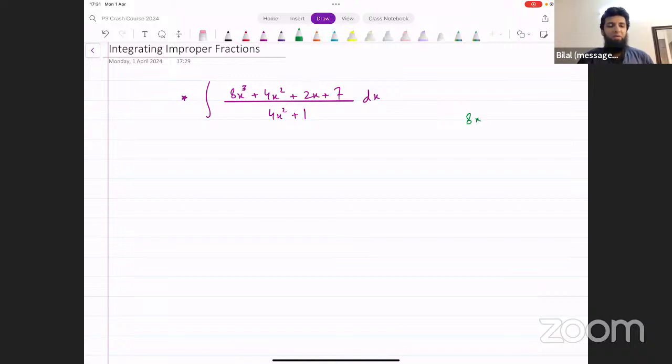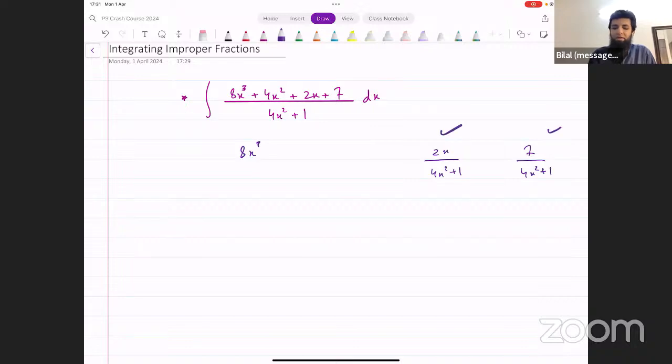What about splitting the numerator? Do you think that would work? Could that work? You could try, but some of the later fractions you could do, for example, 2x over 4x squared plus 1, you could do this using ln rule. 7 over 4x squared plus 1, you could do this using tan inverse.